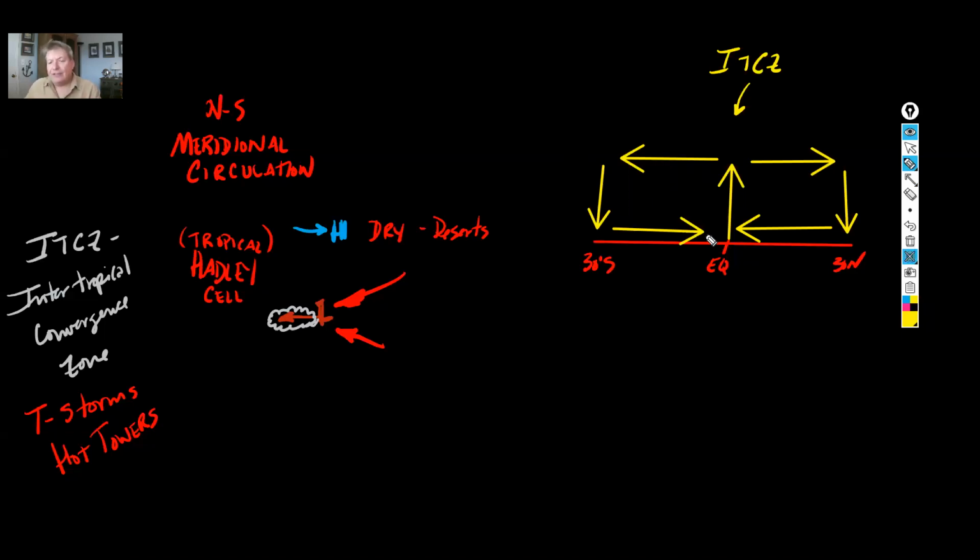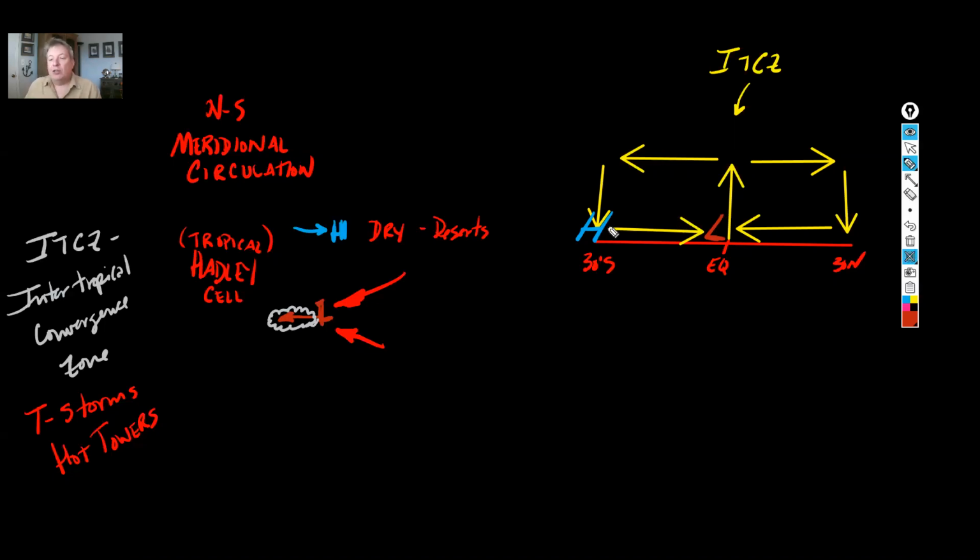Now, given this scenario, what that says is I've got an area of high pressure there and an area of low pressure here at the ITCZ. So I still have warm air rising, cooler air sinking, thermally direct. We're going to talk about what that does, but it's warm air rising, cold air sinking.